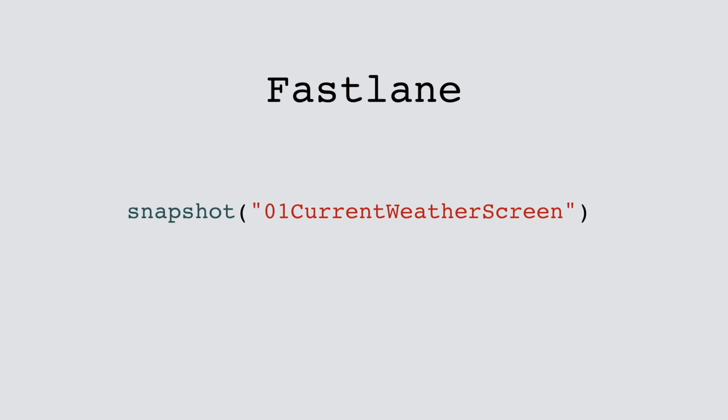Fastlane has this command called snapshot, and all you need to do is to just add this to all of your UI tests that include a screen that you want to submit to the App Store and the display for your app. So that's really neat, and all you need to do is to run this, and it usually takes about half an hour or less, and it can actually submit all of your screenshots automatically to the App Store and to App Store Connect. So that's really good.